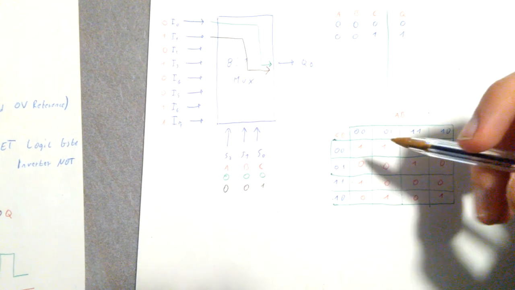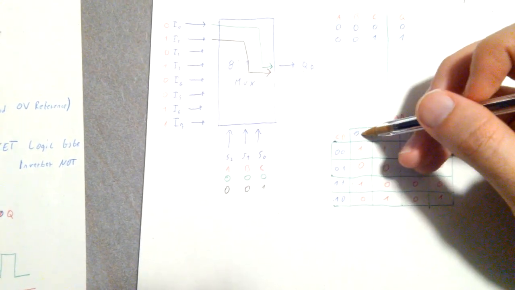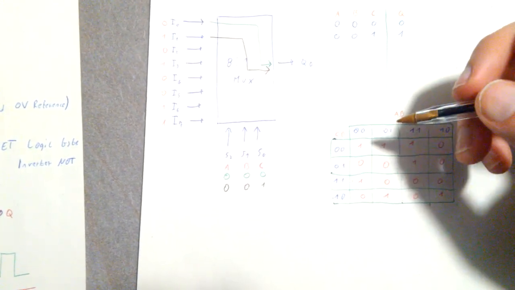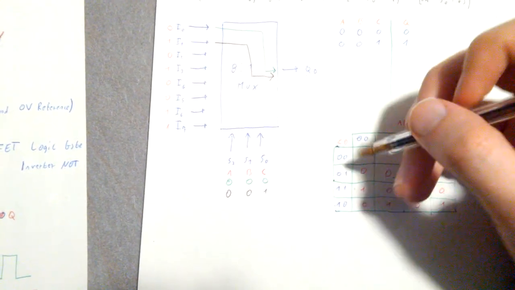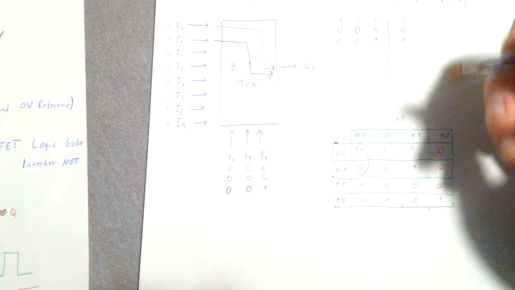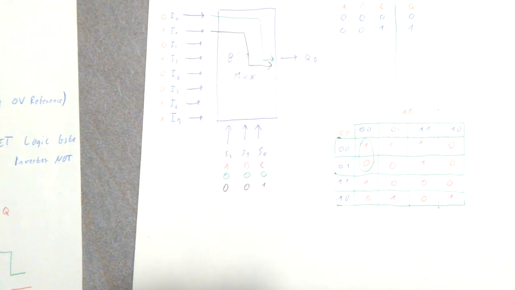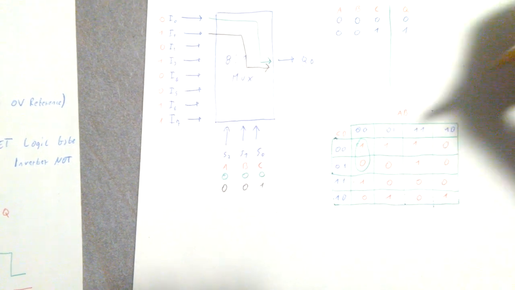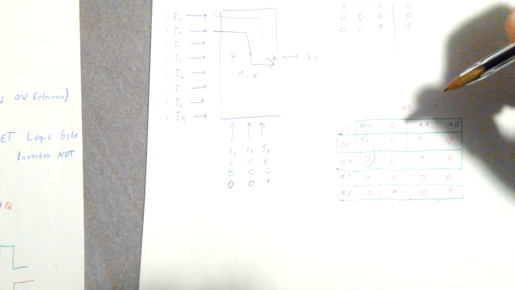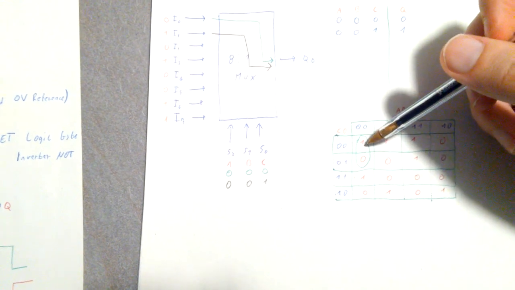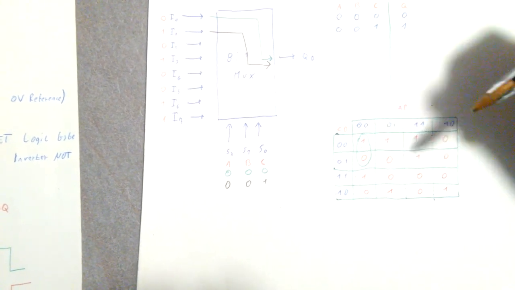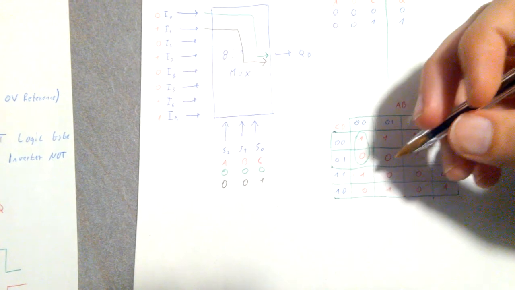So when it's selecting input 0, I basically have to select between an output of 1 and an output of 0. And what you can basically see is that the final output is just the inverse of D, because when D is 0, the output is 1. When D is 1, the output is 0.